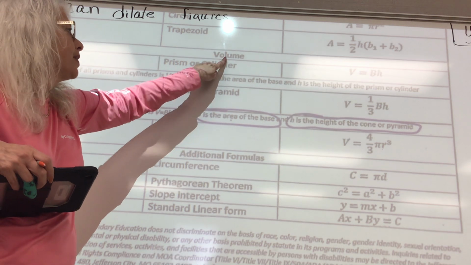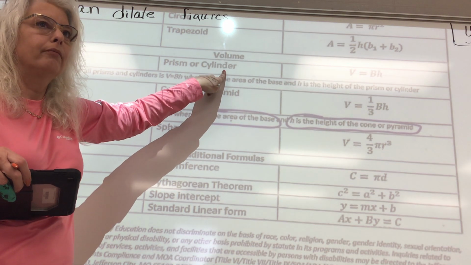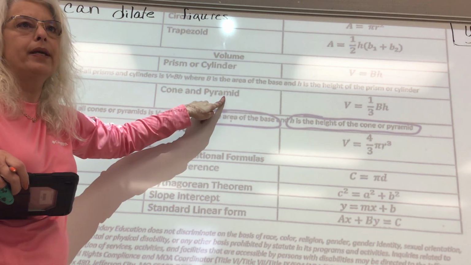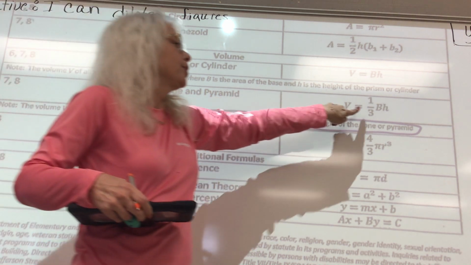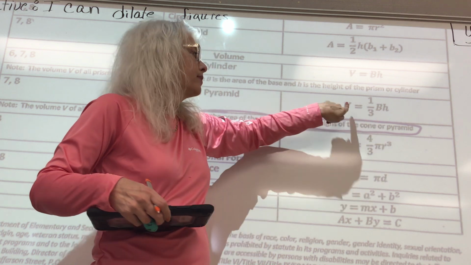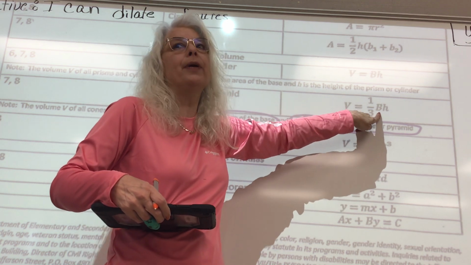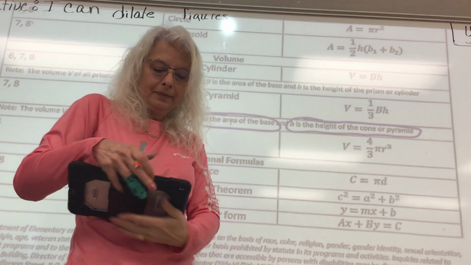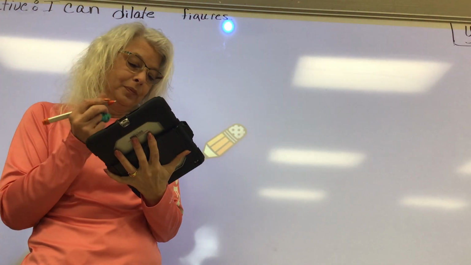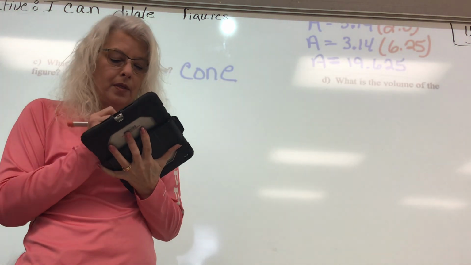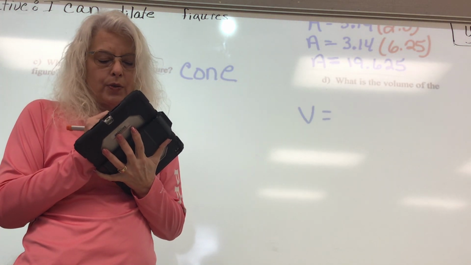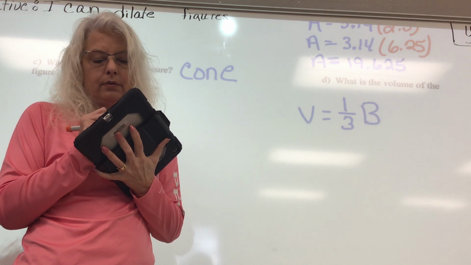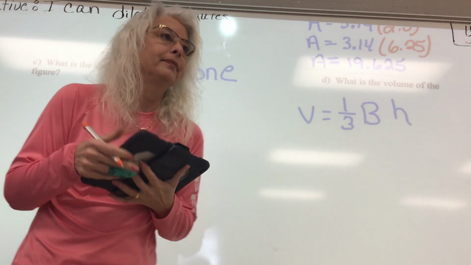Are we trying to find the volume of a prism or cylinder? Nope. Are we trying to find the volume of a cone or a pyramid? Yep. So you're going to write down your formula, which is volume equals 1/3 capital B, little h.